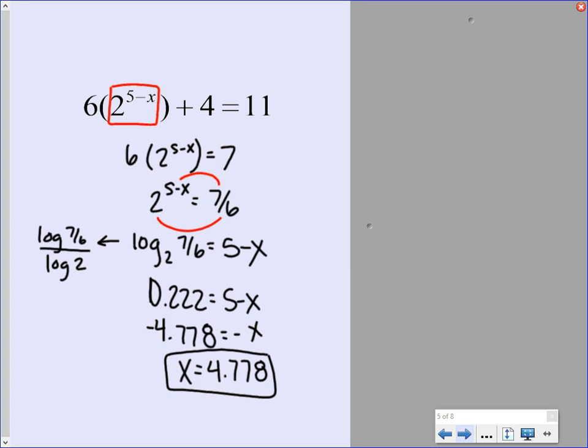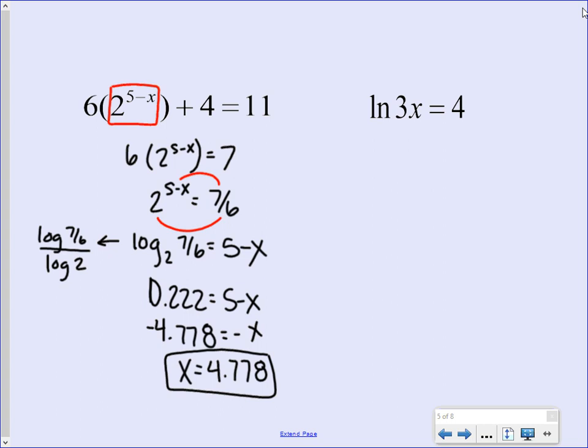Let's look at a second example. Really basic and pretty easy. Natural log of 3x equals 4. This is a logarithmic equation.